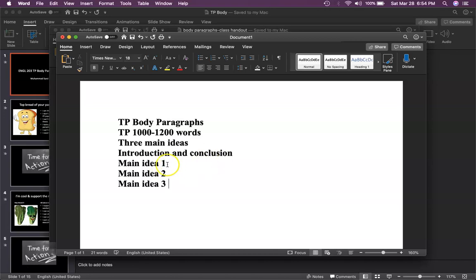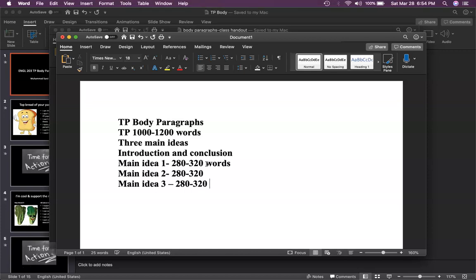You're roughly calculating 280 to 320 words for main idea 1. So that's body 1. Main idea 2, again 280 to 320. You can be 270, 275 as well. So let's say 270. Well, 280 is safe option, but it could be less than that.